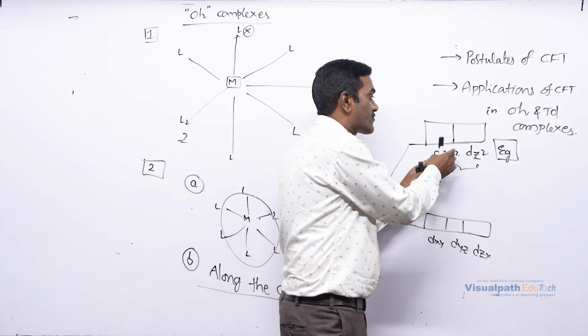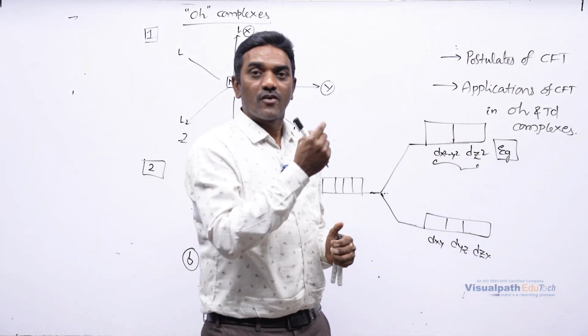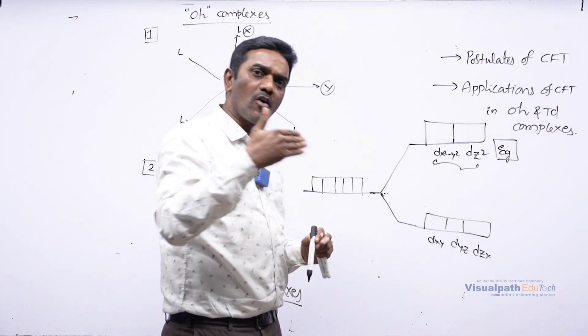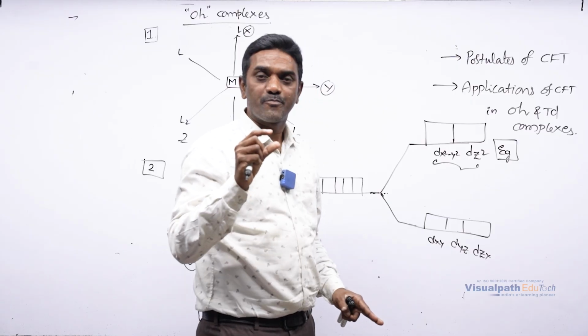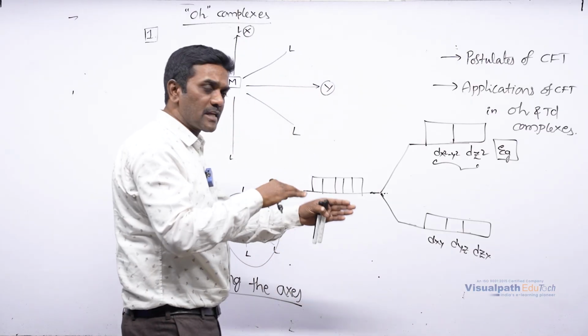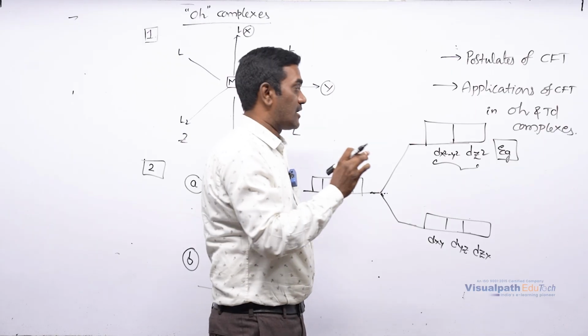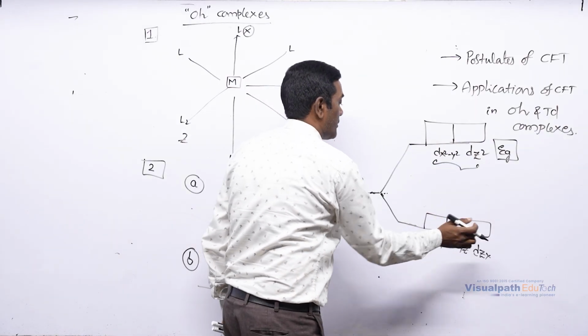Why are they experiencing more repulsion? Because they are present along the axis. Why are these experiencing less repulsion? Because they are present between the axis. This is the point to be noted very carefully, because the splitting all depends upon the shape of the orbitals.